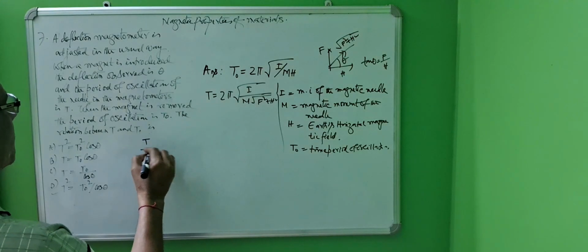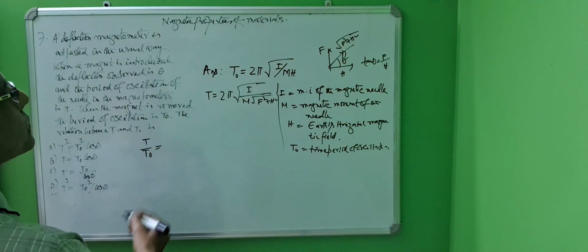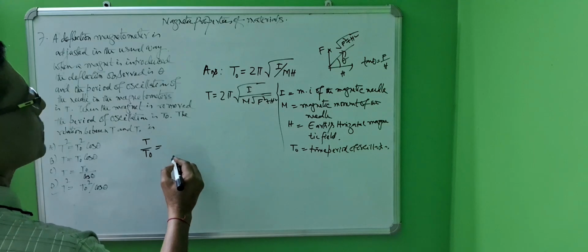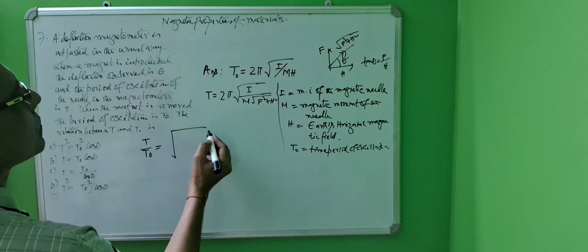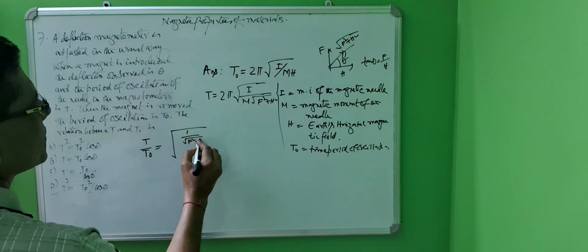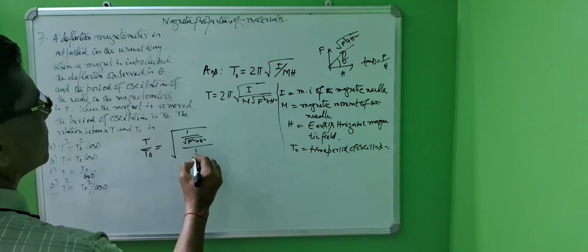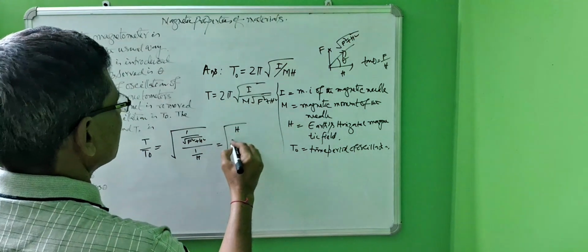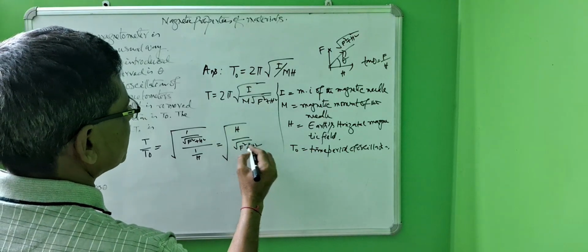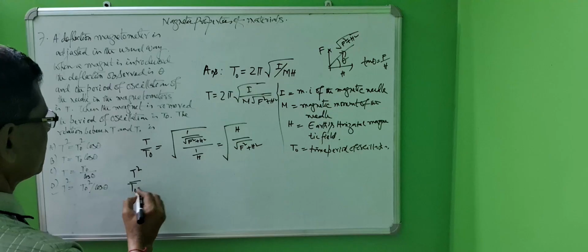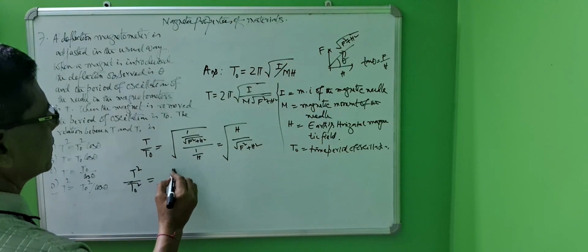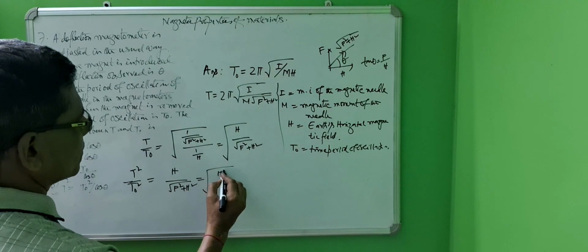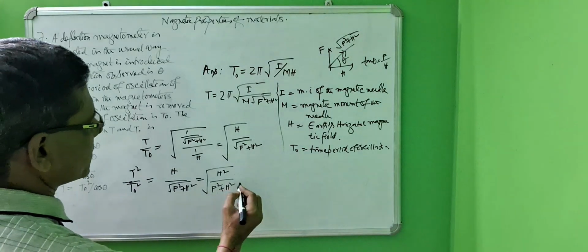So T upon T0 equals 1 by root over F square plus H square divided by 1 by H, equals H upon root over F square plus H square. So T square upon T0 square equals H square upon F square plus H square.